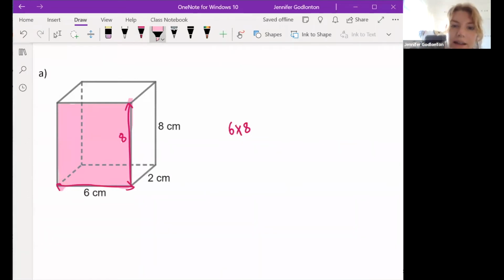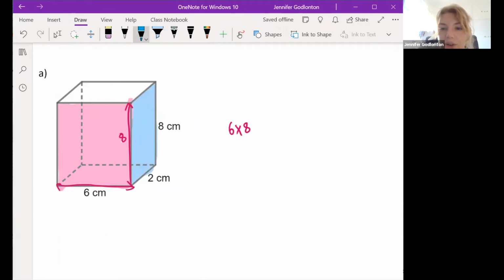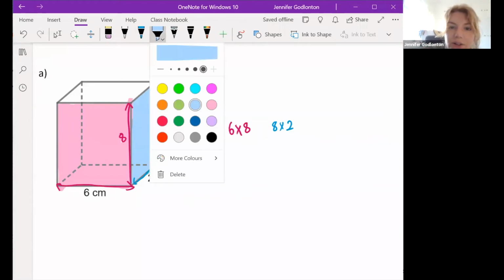Then I have this blue face over here. And that blue face is going to be here, and then it's going to be on the other side. If I'm wanting the area of just that blue face, that's going to be 8 times 2. This side times this side. Then if I'm wanting the top and the bottom, now we're going to go for our 3rd color.